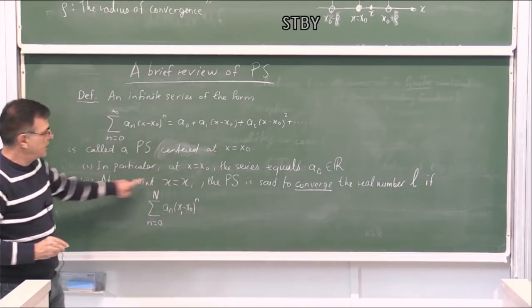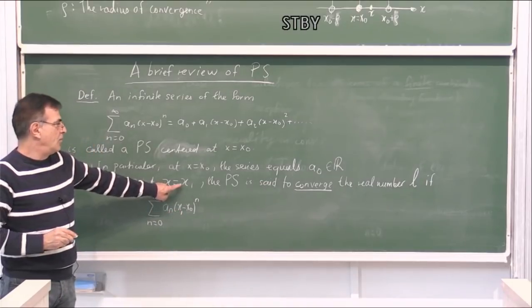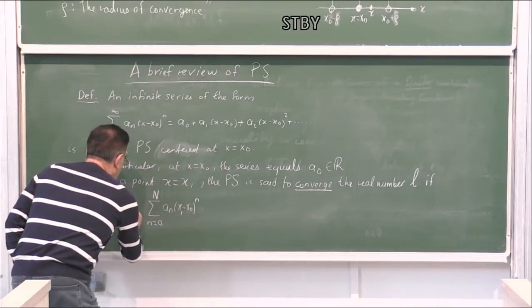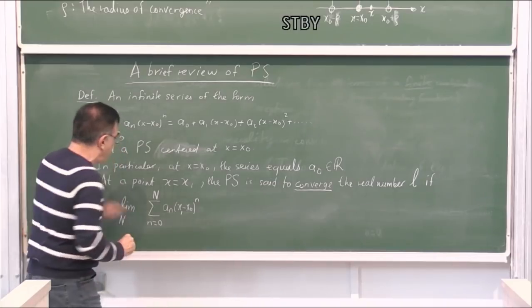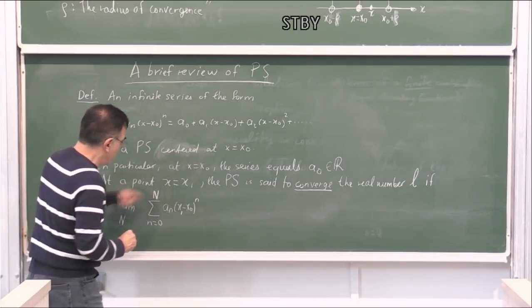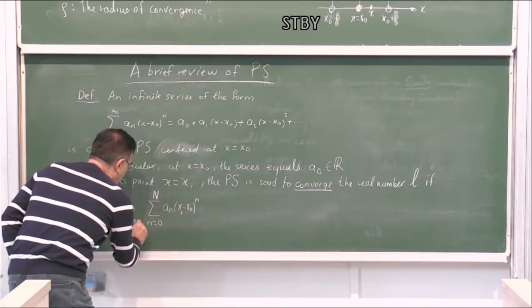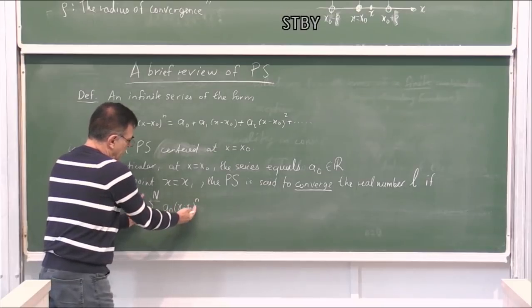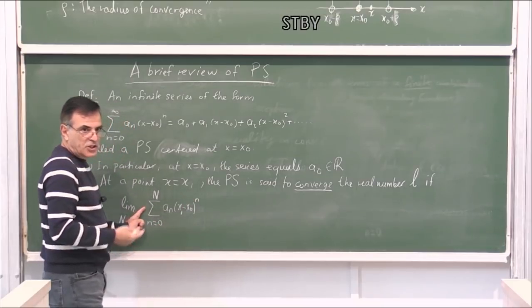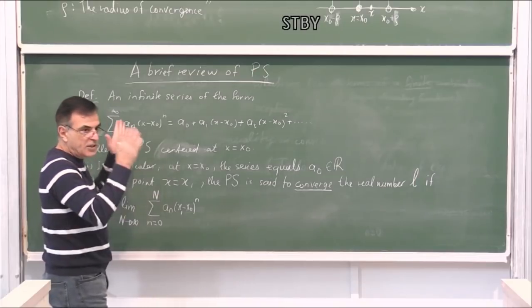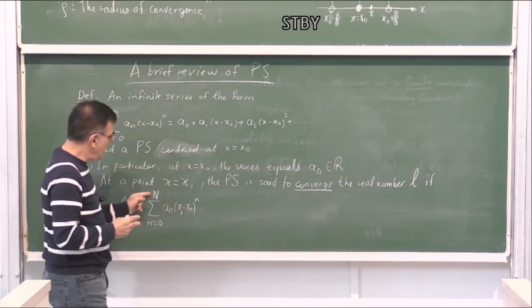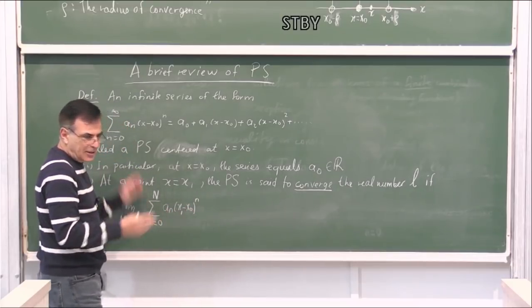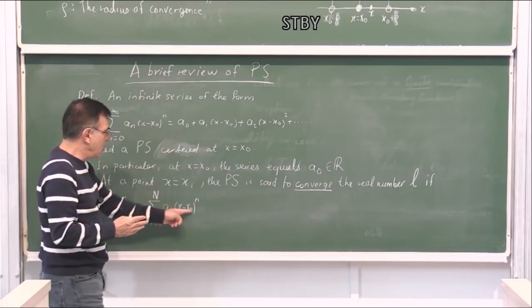So I consider the convergence of this series at the point x1. Actually, when you consider this finite sum, which is called a partial sum or a truncated series, the result is always a real number. It is a finite sum of finite numbers. Good.